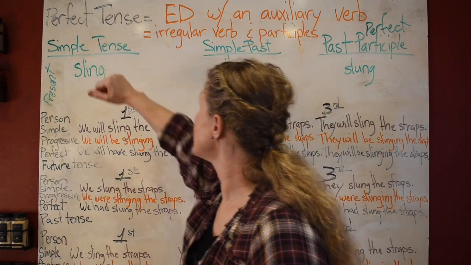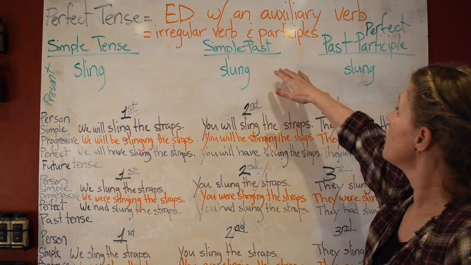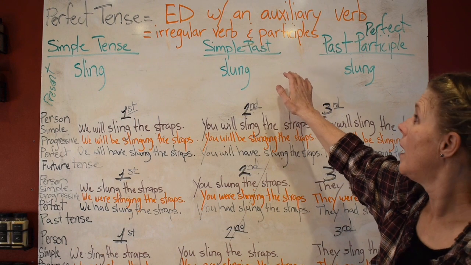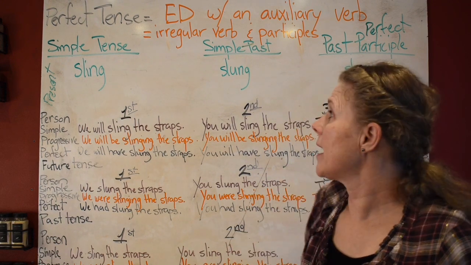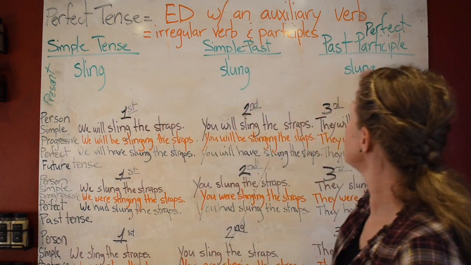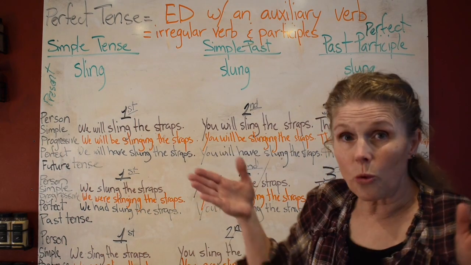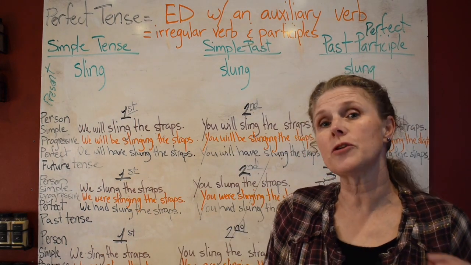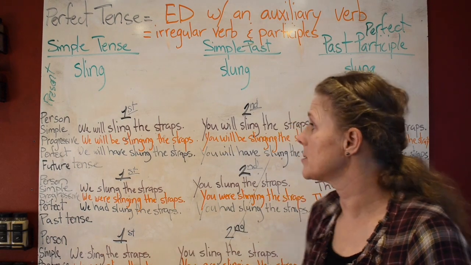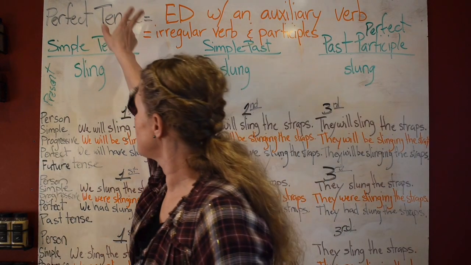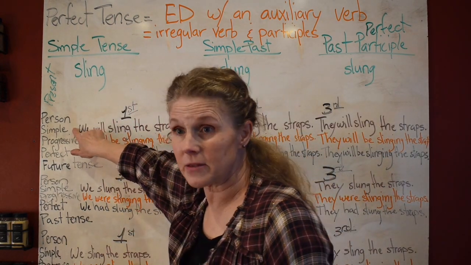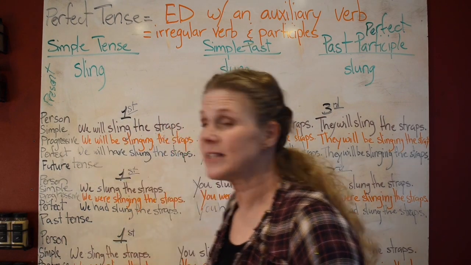You're going to see simple tense and you're going to see the past participle. But you need to understand where to stick those, and when you understand your tenses, then you're able to actually put them in the proper tense. You are not going to understand perfect tense if you do not understand the simple tense or the progressive tense.